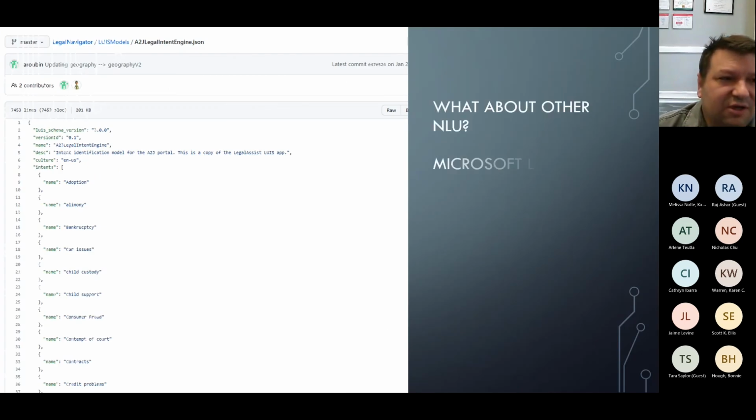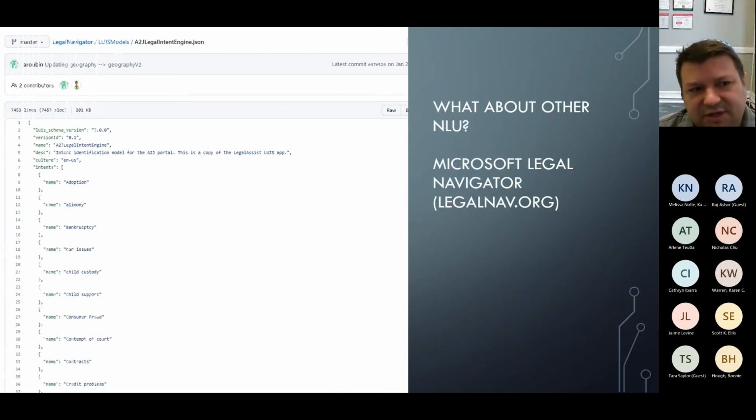One of the early features of LegalNav was an artificial intelligence text classification system using Microsoft Lewis. The source code from that version is open source and public. They have since switched to Spot, but it's still very interesting to see the Lewis model.